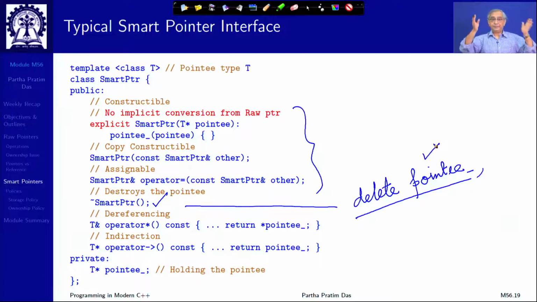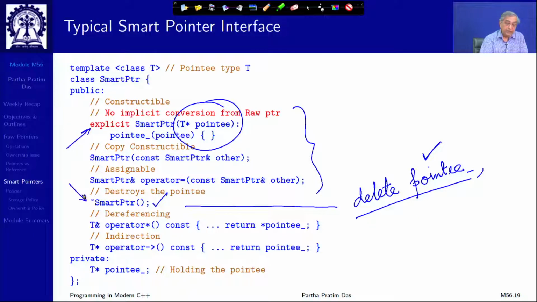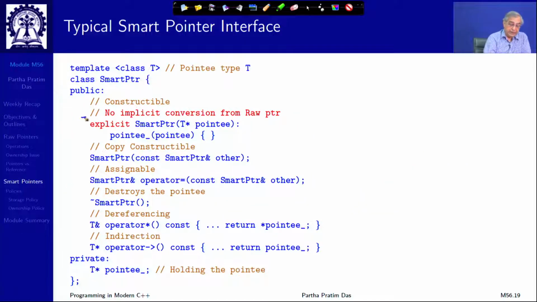So, now we can see that this pointy is basically a dynamically created object, to be dynamically constructed and destructed, but its lifetime semantics depend on the constructor and the destructor, which we know can be used as an automatic object. Right. So, this is about the basic lifetime management issues.